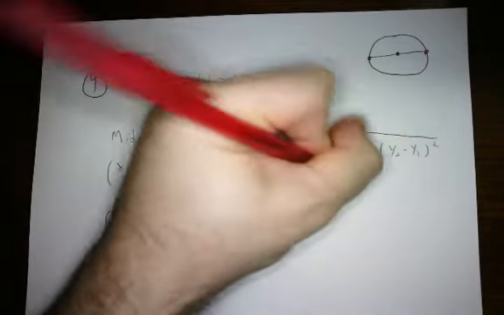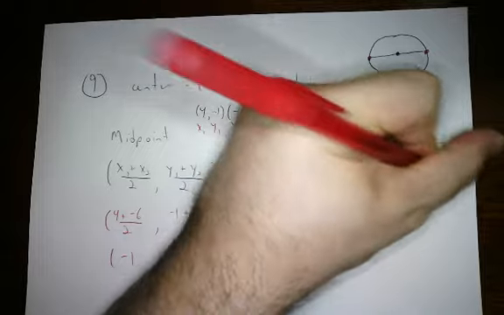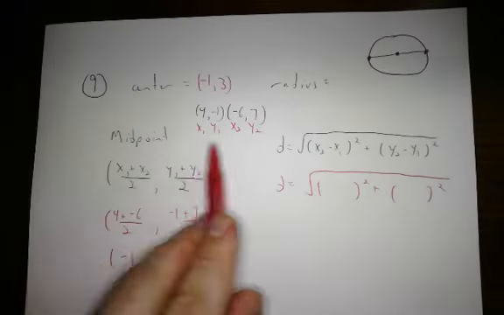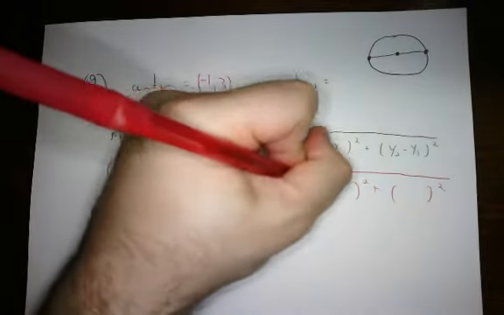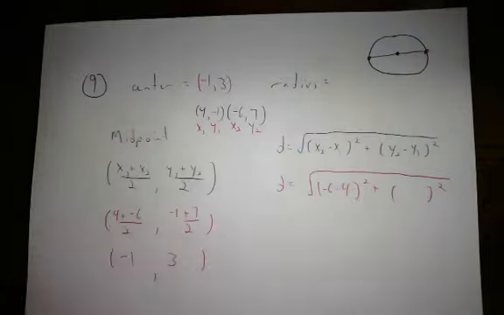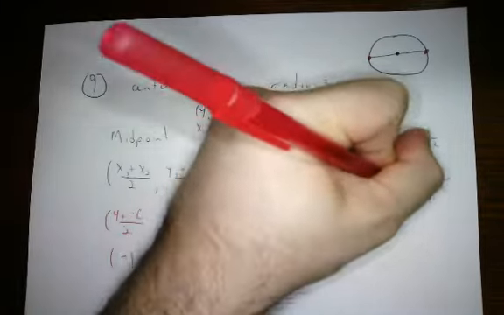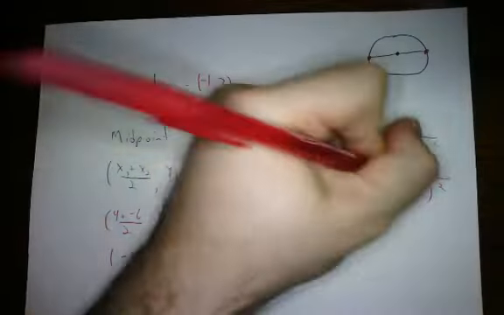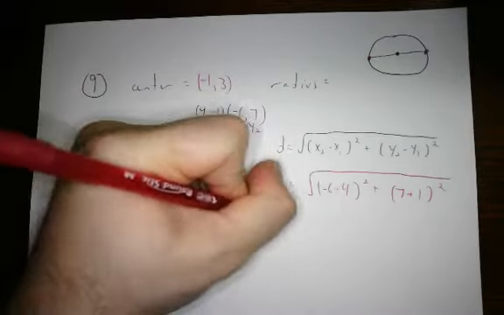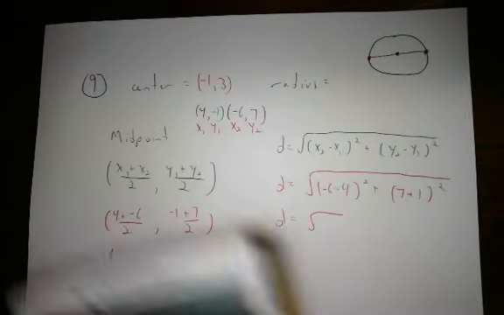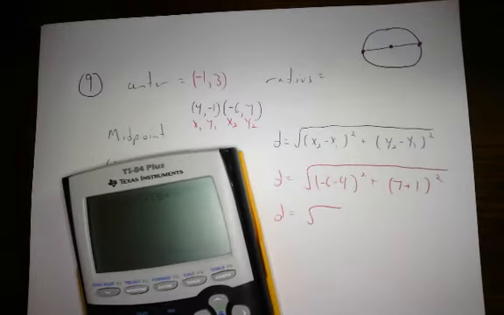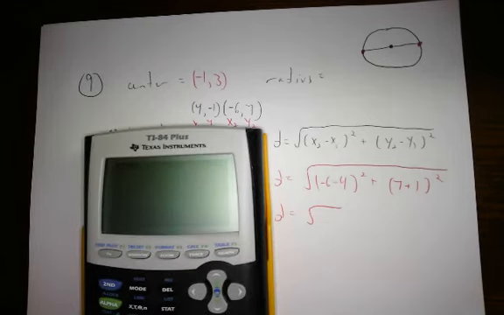So this is x sub 1, y sub 1, x sub 2, y sub 2. I'm going to put it into the distance formula. So it would be x sub 2 minus x sub 1, negative 6 minus 4. And then it would be 7 minus a negative 1, which would be 7 plus 1. So it would be the square root of, going to the calculator.